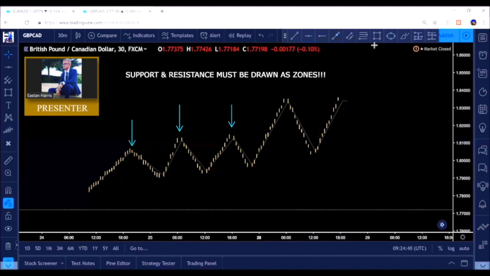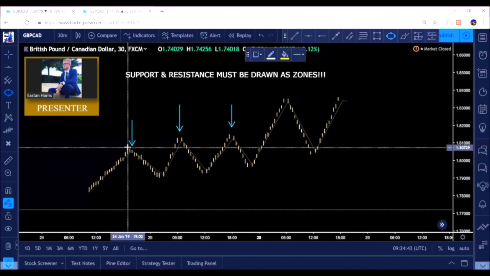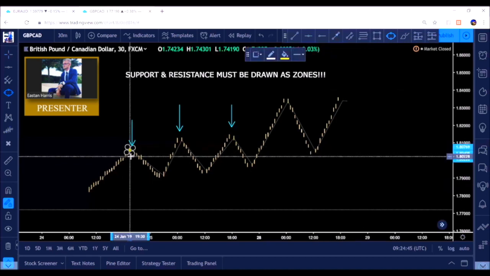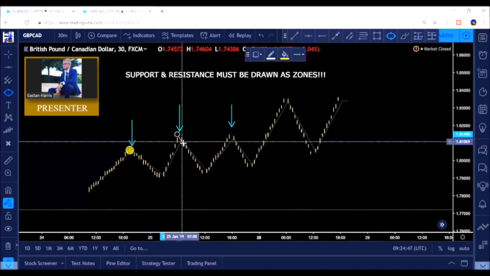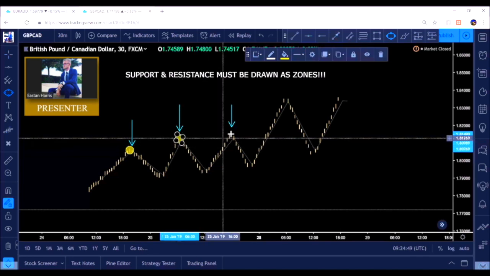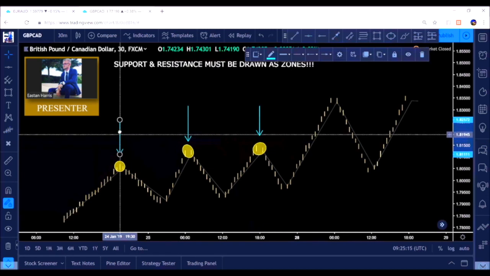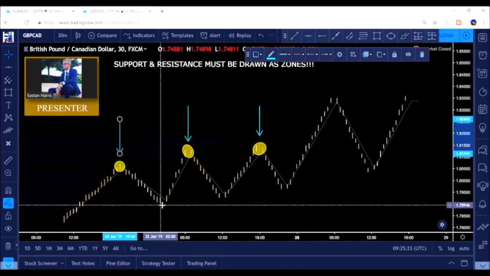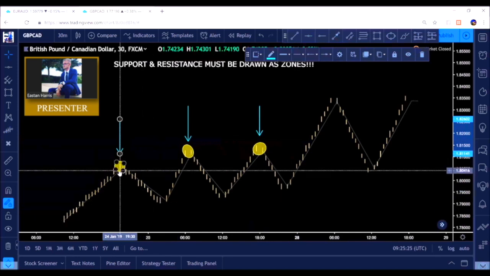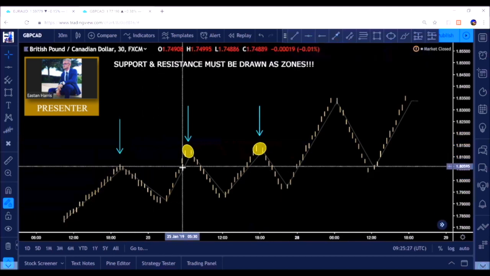So if we're looking at these peaks and we want to draw our resistance zone, we're going to start at the very edge of where this reaction originated from. So I'll move this so you guys can see clearly.